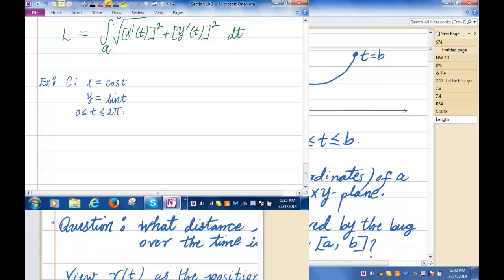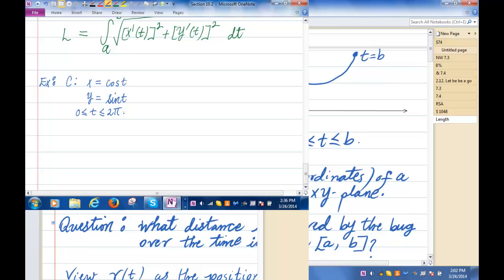It's the circle, and it is traced how many times? Once. So what would be the length of the curve? What's the length of a circle? It's the circumference. It's a circle of radius 1, so 2 pi r would be 2 pi times 1, which is 2 pi. So the length should be 2 pi.